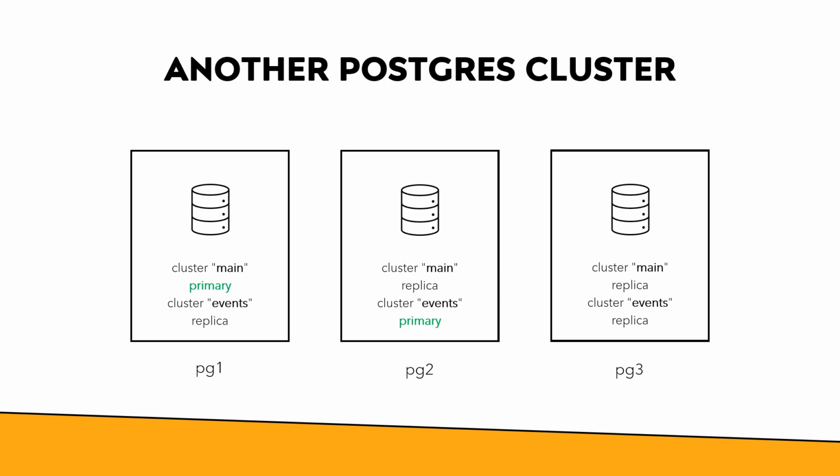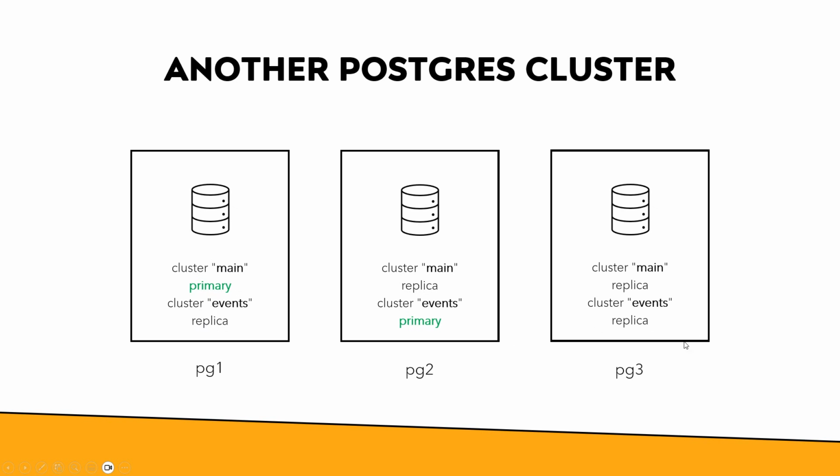The reason I've highlighted this in green is to say that on server 1, which I've called PG1 just for the sake of it, we can see that cluster main's primary, in other words the database that allows you to write to it, is on Postgres 1, whereas the primary for the events cluster is here on Postgres 2. Postgres 3 has a replica for both clusters, and you see Postgres 2 here has a replica of that, and Postgres 1 has a replica of that.